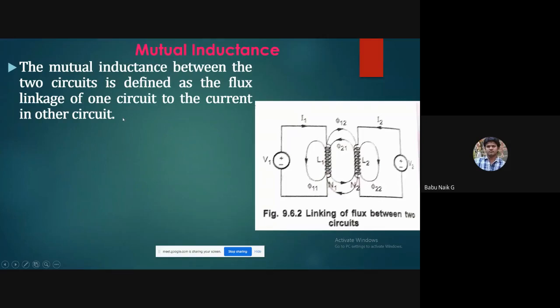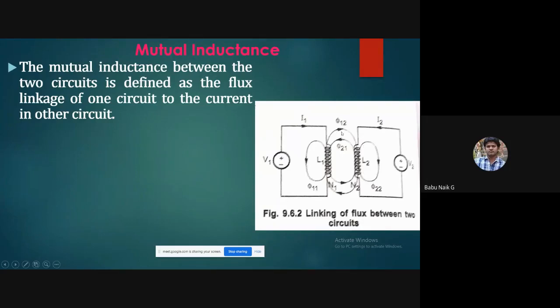Before defining the mutual inductance, let me take the part of the flux phi 11 that links with circuit 2, which is denoted by phi 12.